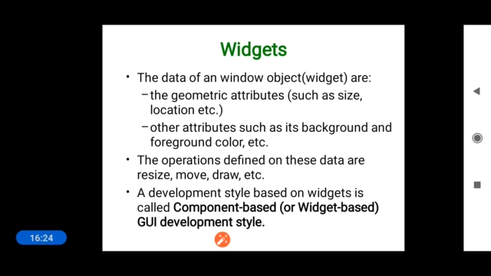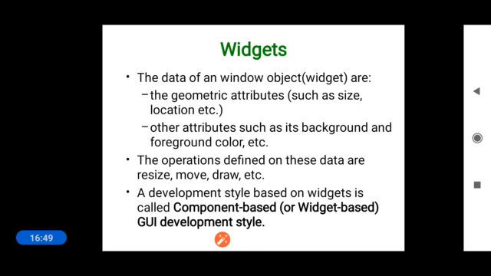The data of a window object are geometric attributes such as size, location, and other attributes can be its background and foreground color. The information related to any widget on the window is nothing but its geometrical attributes and other attributes like its background color and foreground color.